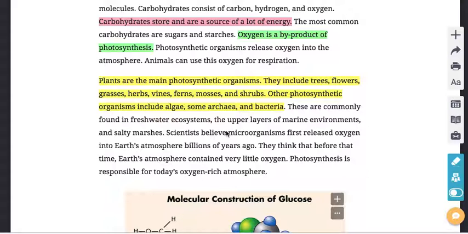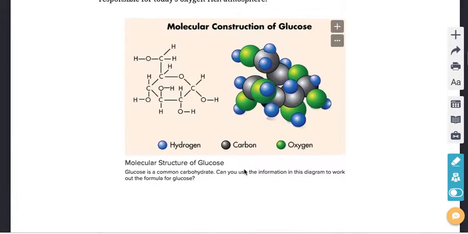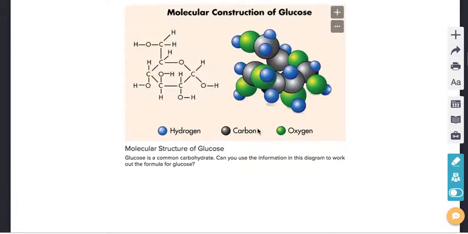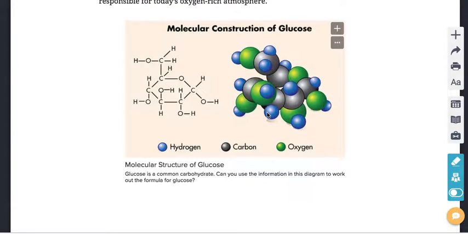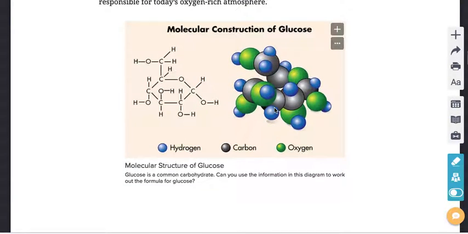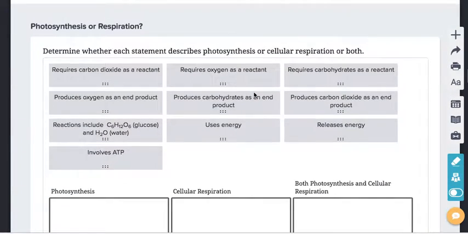And scientists do believe that those types of organisms were around millions of years before anything that needed oxygen was around to build the oxygen in the atmosphere. So there is a picture of a sugar, aka a carbohydrate, which is a very energy-packed molecule.